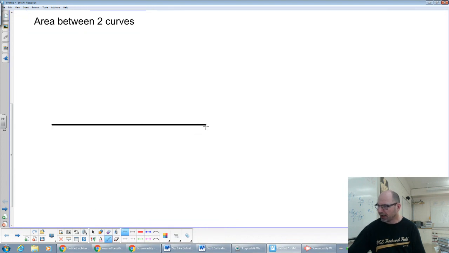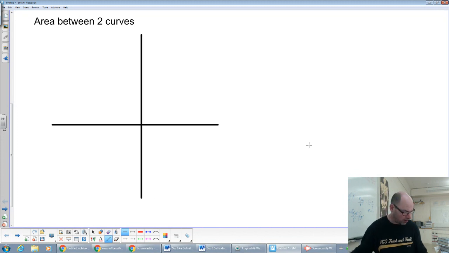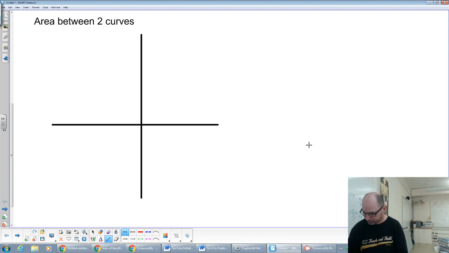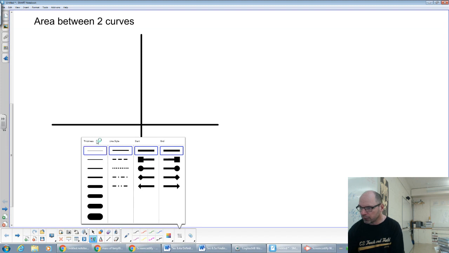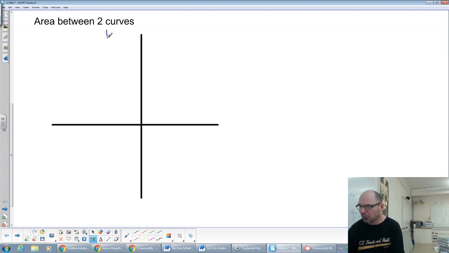Okay, so let's do a little drawing here. Let's say we have a parabola and a line. Here's the parabola, which I'll draw in blue, with the vertex at 0, 0, like that.